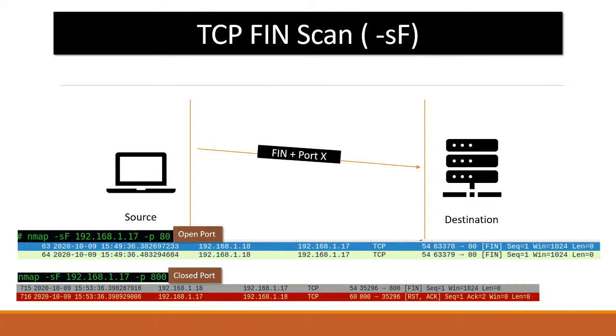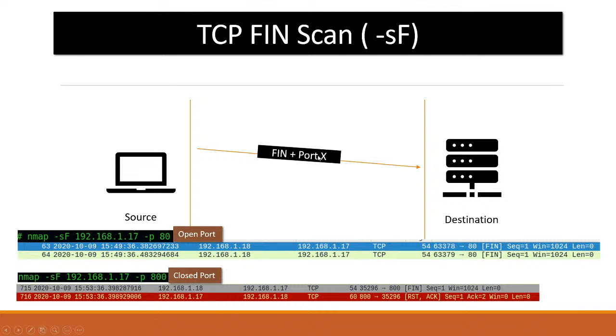The third type of scan is the fin scan. So fin scan is interesting. This is a stealth scan basically. What it does is it sends a TCP segment with the fin flag on, with some port number. So what happens here in this case?